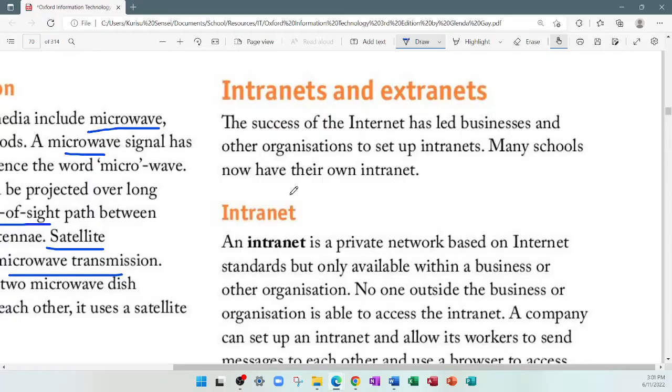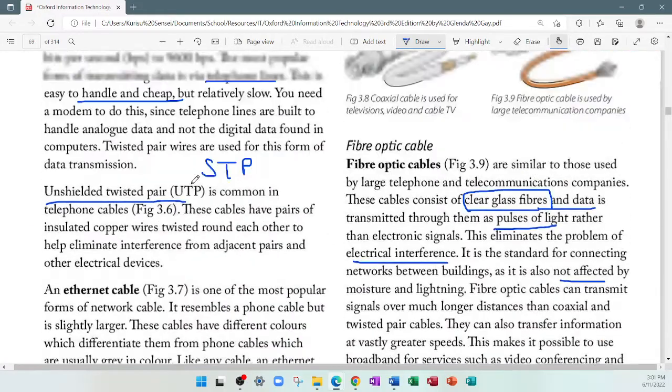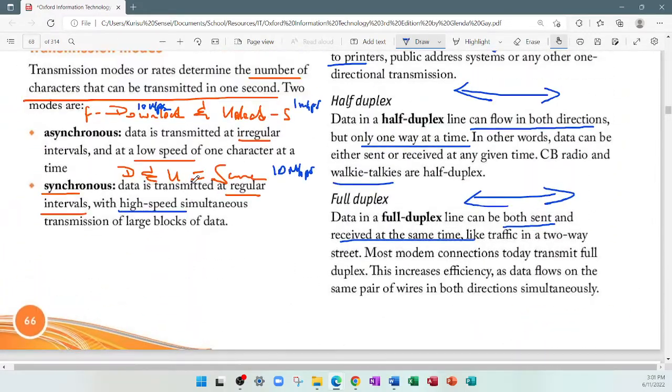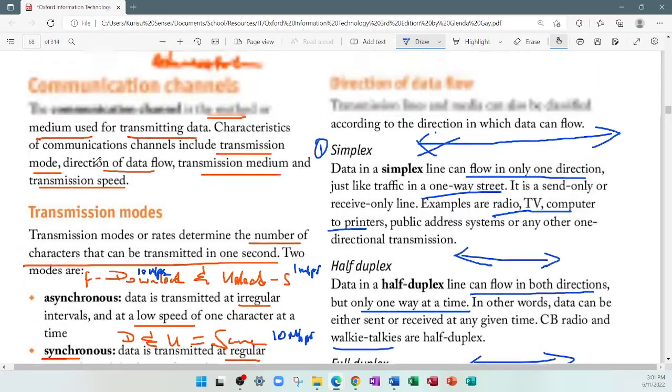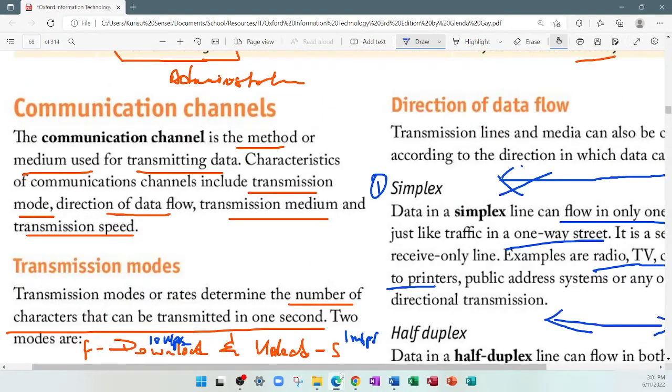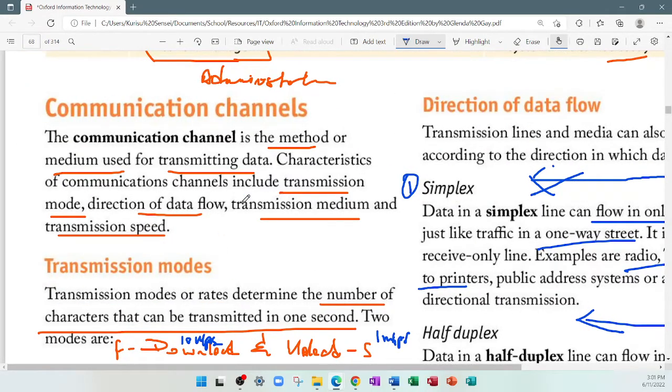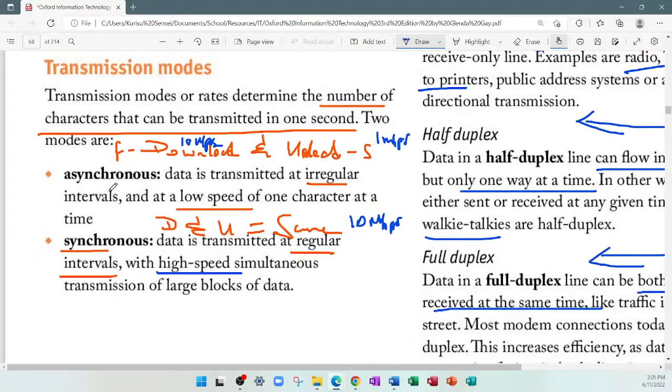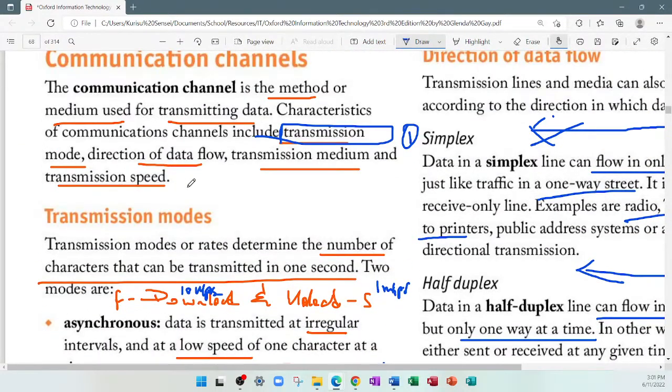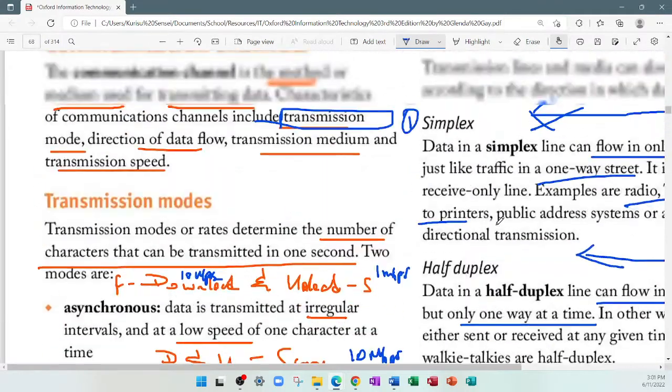Great. So that is it basically for our communication channel. We just covered all of the characteristics. Remember the transmission modes refer to how the data is going to be transferred, which is asynchronous or synchronous. The direction of data flow is simplex, half duplex, and full duplex.